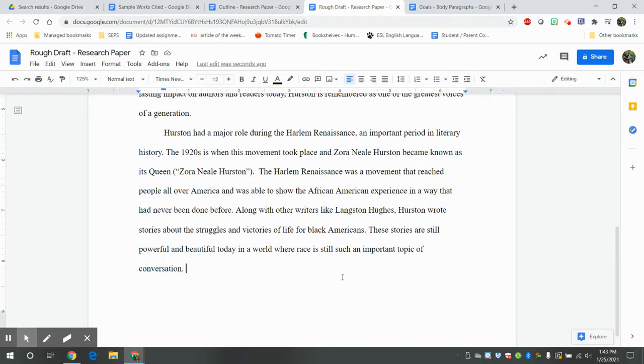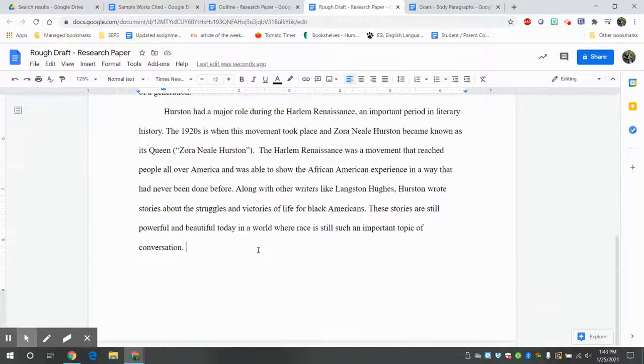So I'm going to continue to do this: have a topic sentence that transitions from one thing to the next, have a piece of information, or at least one statistic or fact from a source, and then my explanation of why that's important to the reader after that. I'm going to continue on, and you'll notice I'm already almost at the bottom of page 1 here.